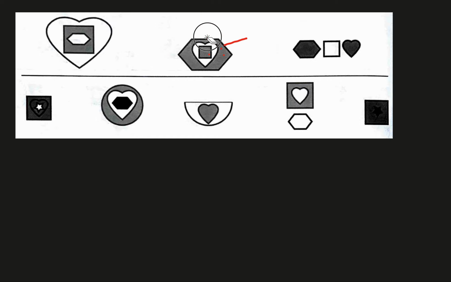So you will have to test different patterns before you identify the correct one. Instead, what I have really here is a heart, a square, and a hexagon. A hexagon, a heart, and a square. Heart, square, my bad, hexagon, square, and a heart.